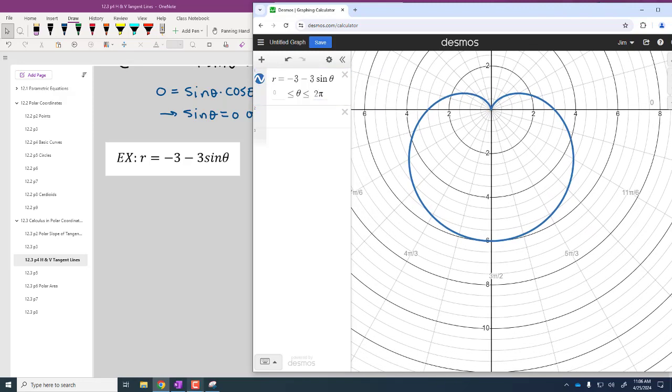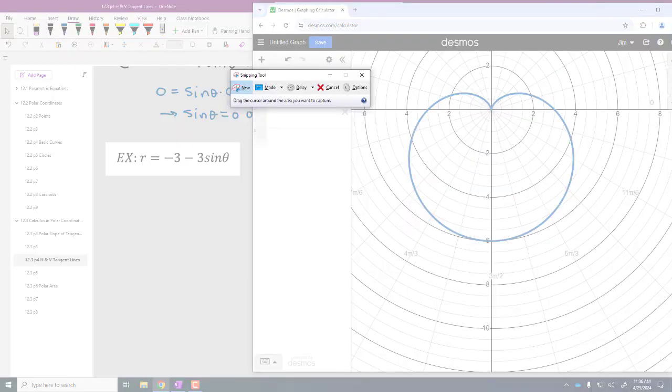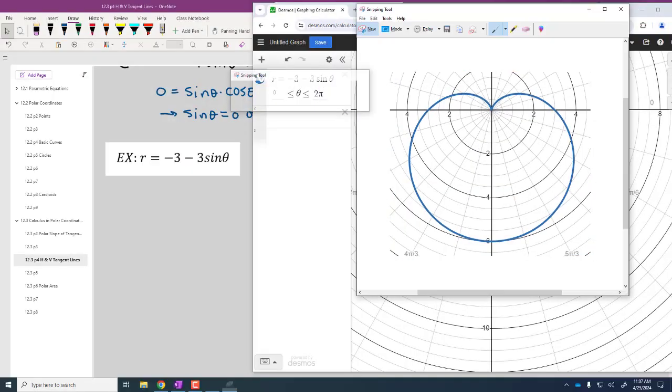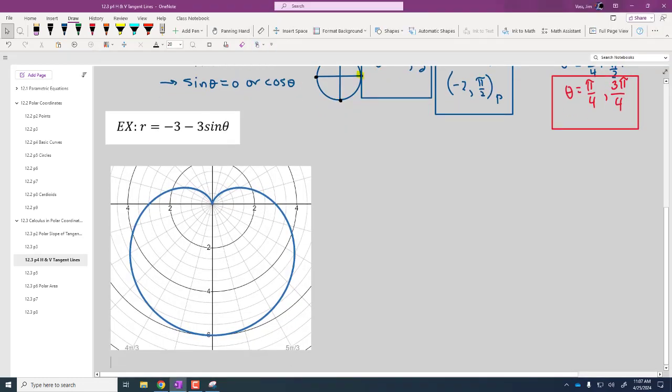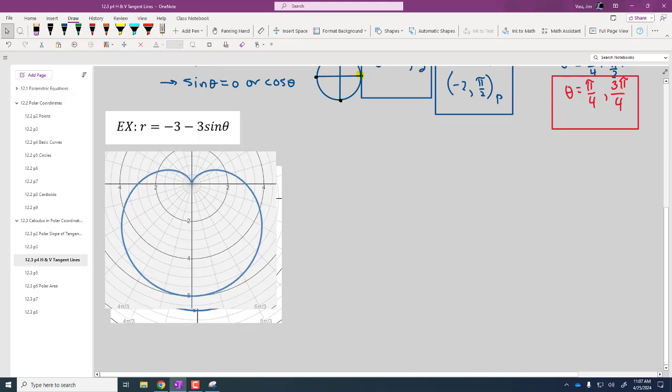And here's the piece that I want you to think about before we actually do the math. How many vertical tangents do you think there are? 2, 3, 4, maybe 4. I've heard a couple different numbers. 3.